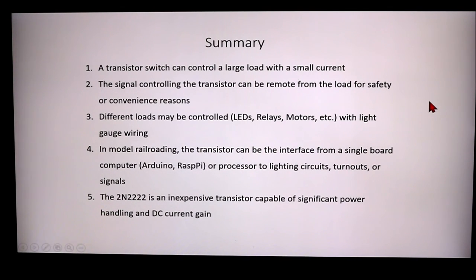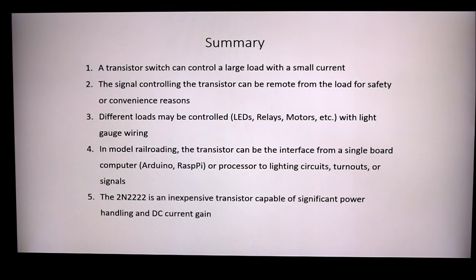So the bottom line is that a transistor switch, again, can control a large load with a small current. It can be remote from the load, which is handy. It can be for safety reasons or convenience. Different loads can be controlled. You can have LEDs, relays, motors, any kind of DC load, and use light gauge wiring for the trigger, or the base wiring.